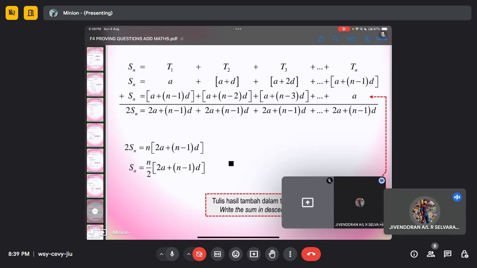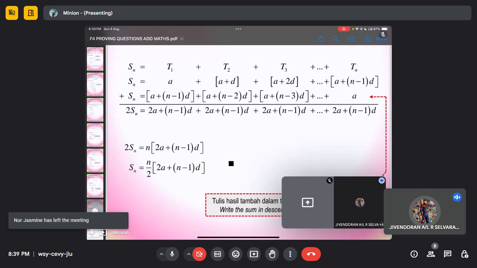We'll have another Sn, which is a plus n minus 1 d plus a plus n minus 2 d plus a plus n minus 3 d, and so on until plus a.